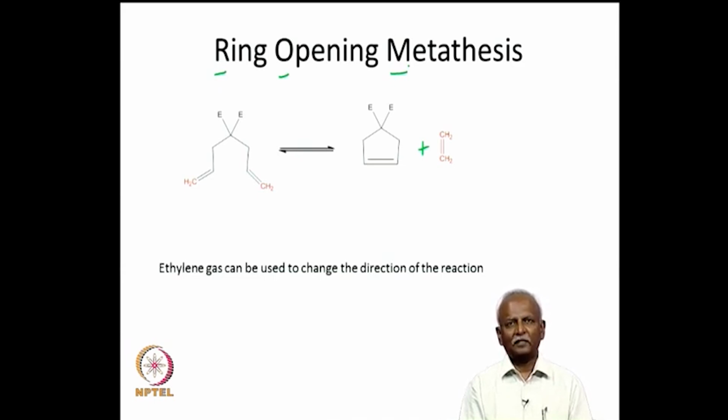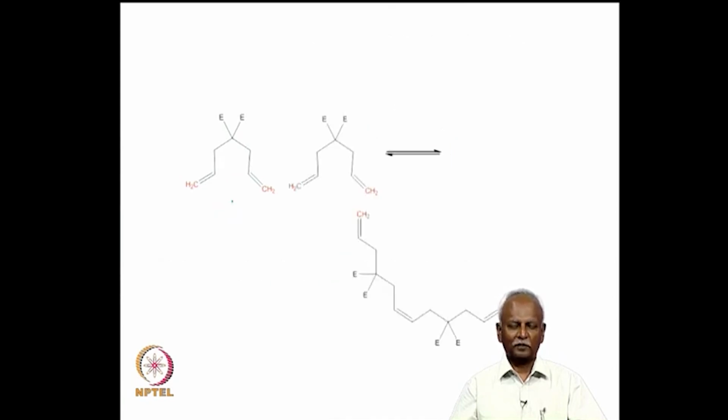Exactly the same steps can be retraced in order to generate this product. In this particular instance, this is the product. So, you realize how the reaction can be used to very effectively go from one direction to the other to generate a wide variety of starting materials and products.